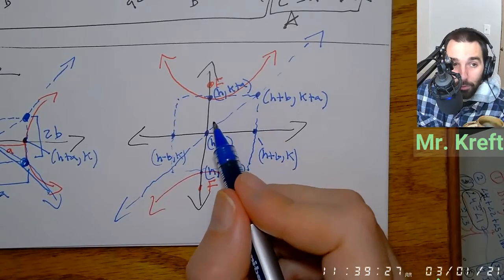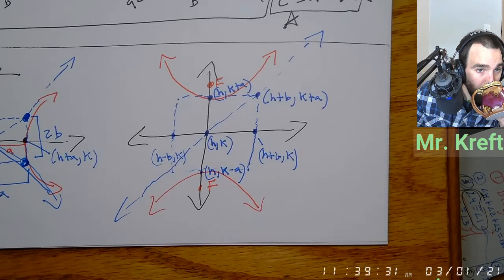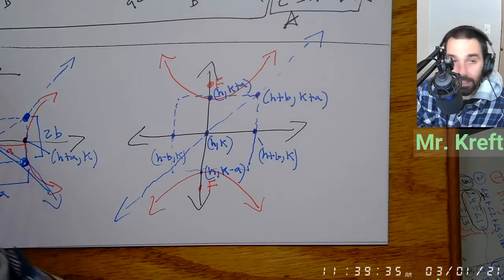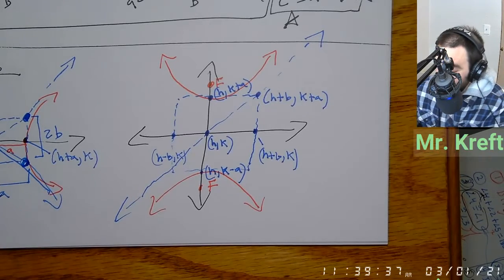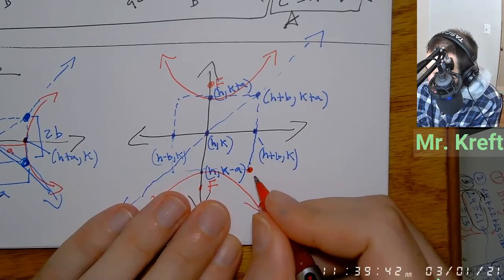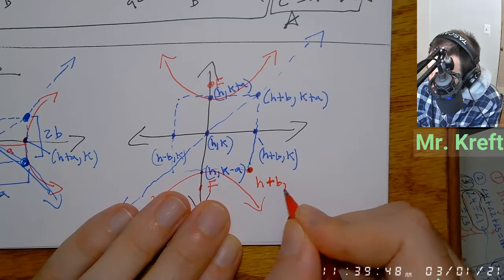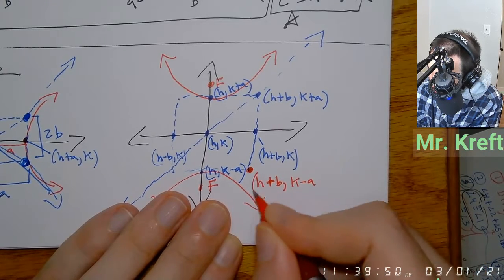Do you guys see how it's both? I both moved up a and I moved right b. Does that help out, guys? Right? So again, down here at this point, this would be (h plus b, k minus a).